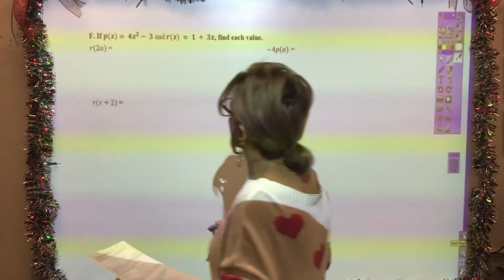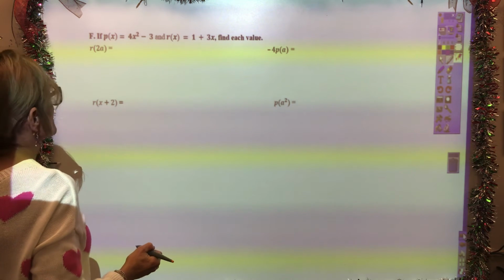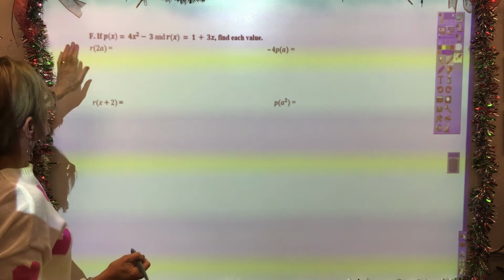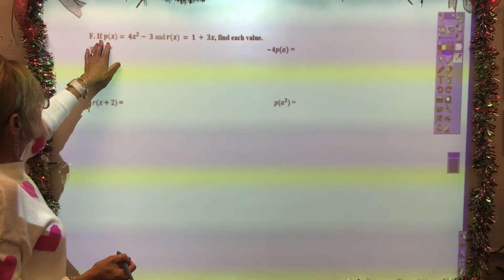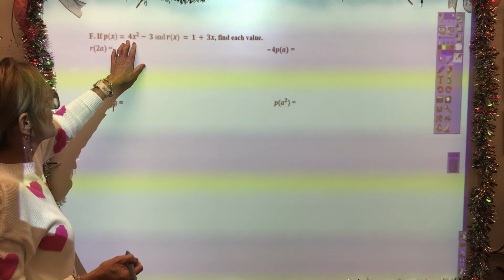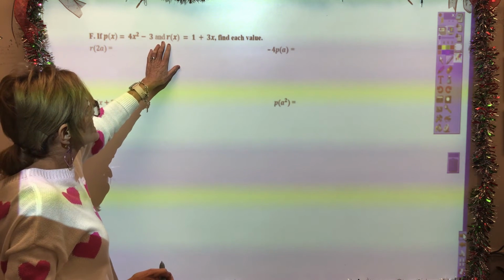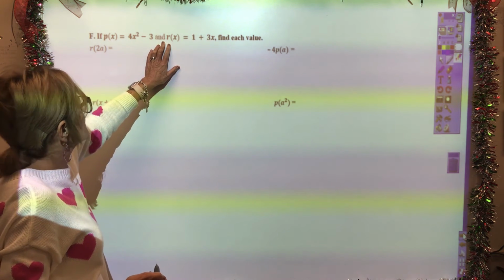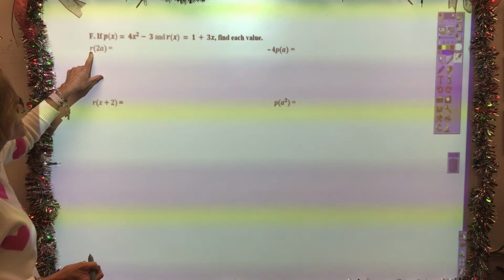Now, on the last few examples, what we're going to do is pick the function that we're looking for. So we've got if p of x is 4x squared minus 3, and r of x is 1 plus 3x, find each value. So what you do is, first of all, look at what function you're working with.